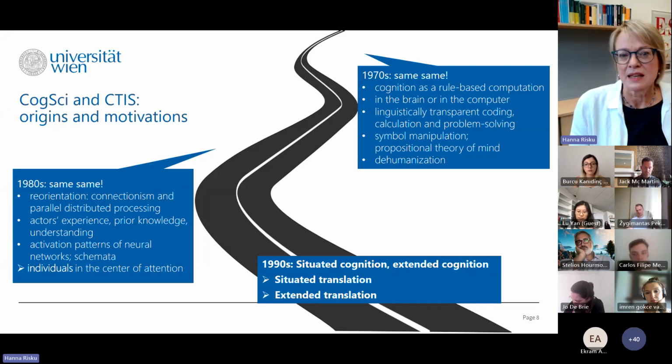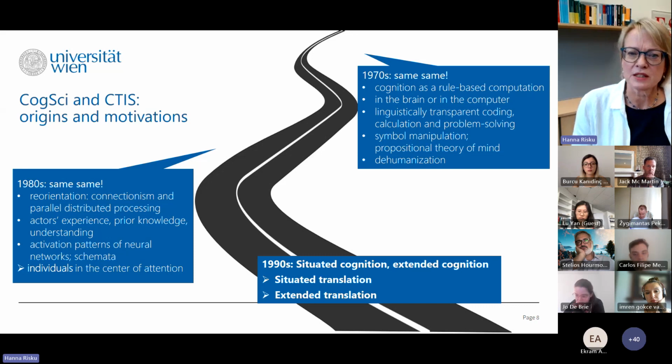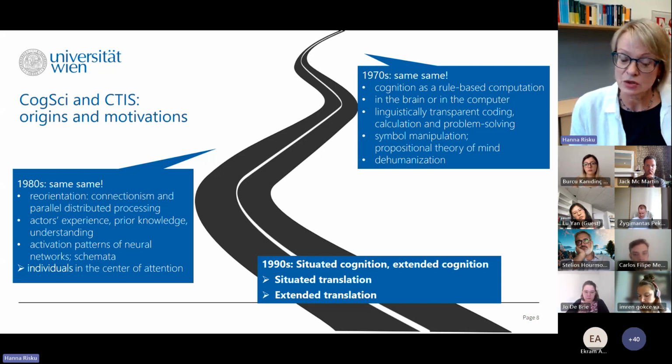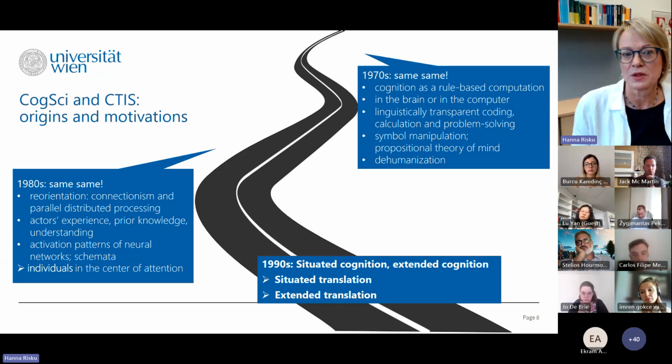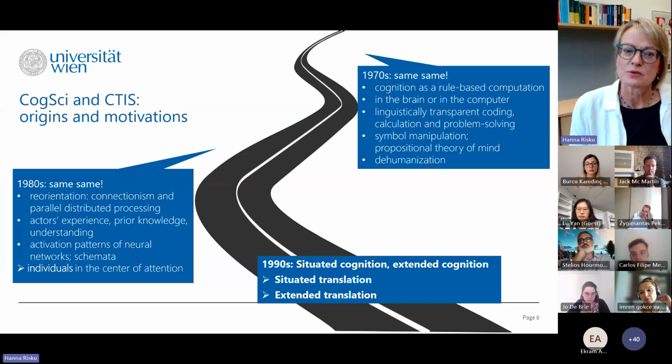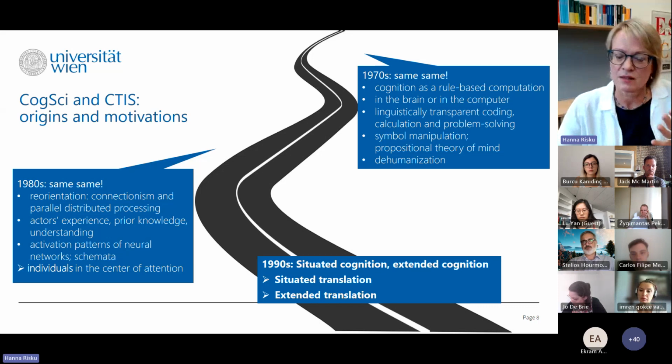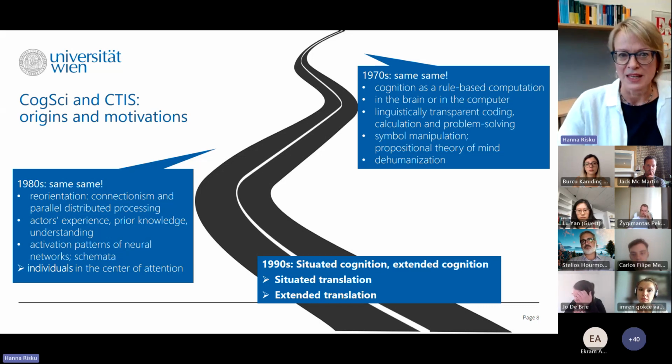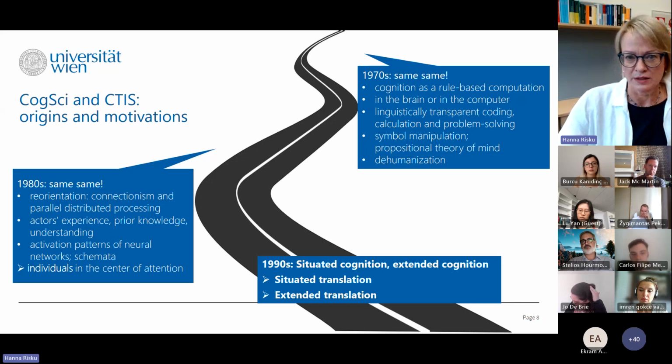And behind this lay the assumption that thinking, at that time, was a linguistically and symbolically transparent coding, a calculation, a problem-solving process, a symbol manipulation process, in line with the propositional theory of mind. This theory assumes that the world is represented in the brain as symbols, not as fuzzy scenes or images, for example, and that the symbols can be manipulated according to logical rules.